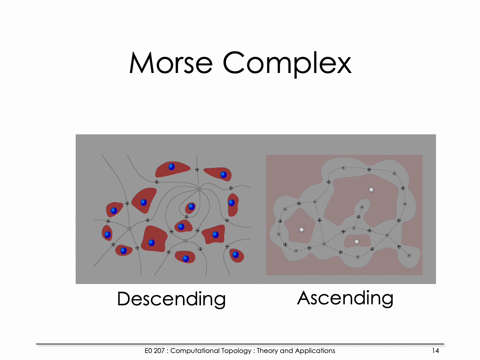This is another pictorial depiction where the maxima are shown in blue, the minima on the right are shown in gray, and the saddles are shown with this plus symbol that indicates the direction in which the function increases and the direction in which the function decreases within the local neighborhood of the saddle.